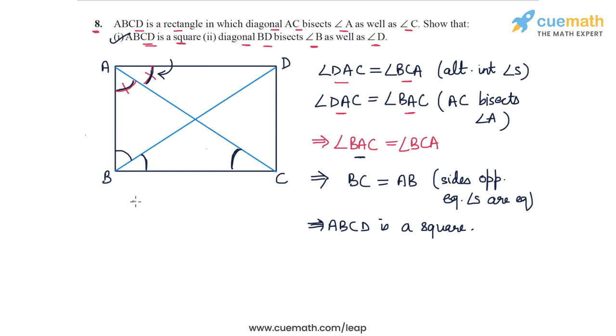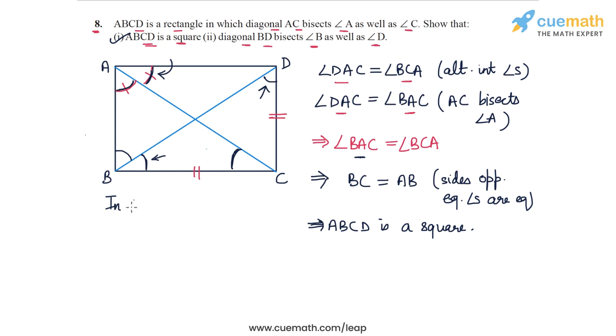So the way we can prove this is we can compare this angle CBD with this angle here, which is CDB. These two angles should be equal because in triangle BCD, BC and CD are equal, because we proved in the previous part that ABCD is a square. So all four sides of ABCD are equal.